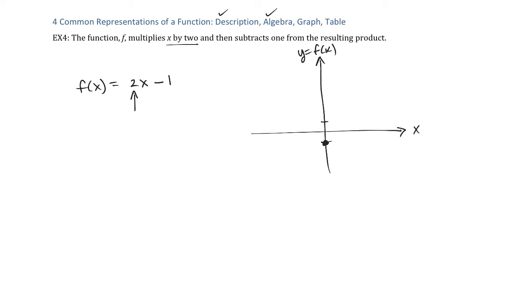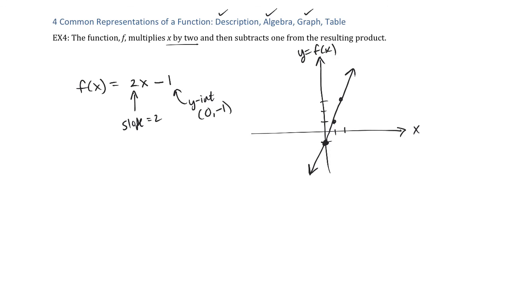So this is my slope. And the y-intercept is equal to, the y value there is -1. So we can use the slope to move from point to point. So there's the graph.